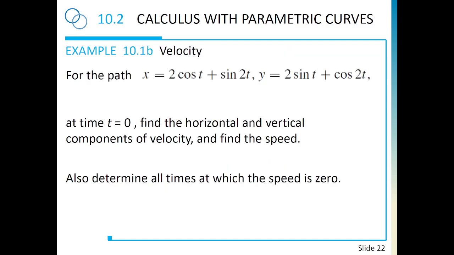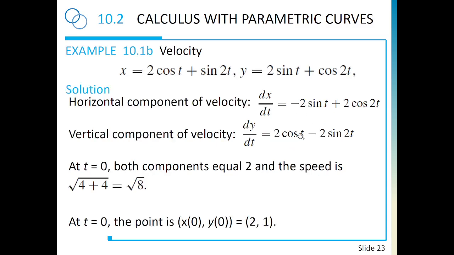Obviously, when we have all the derivatives, we can compute easily the speed of the particle. So when we have derivatives, we remember that the speed is the derivative of x squared plus the derivative of y squared, and then we take the square root of everything. So basically that's a simple computation.